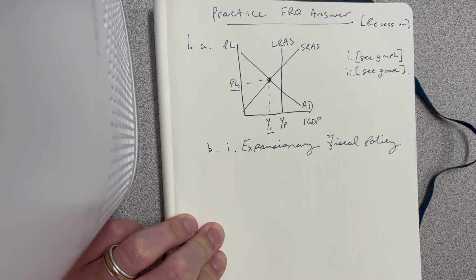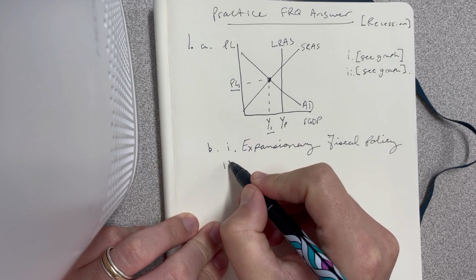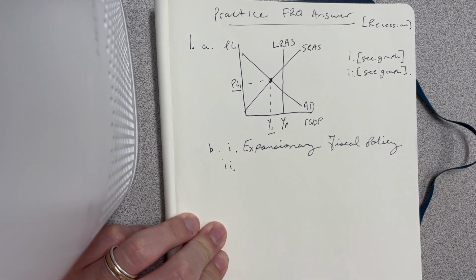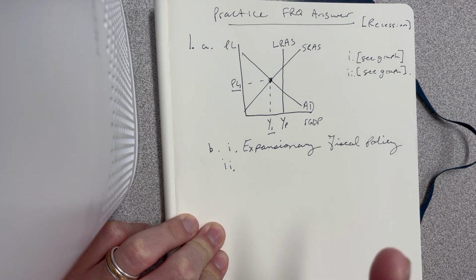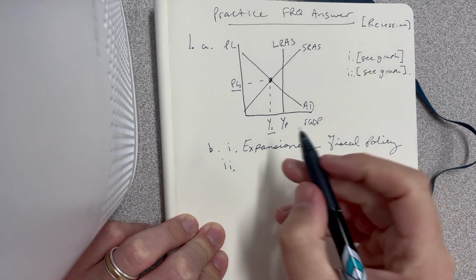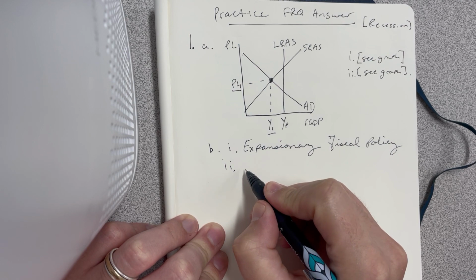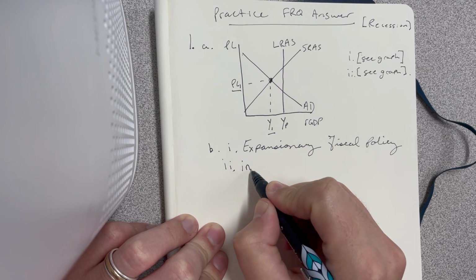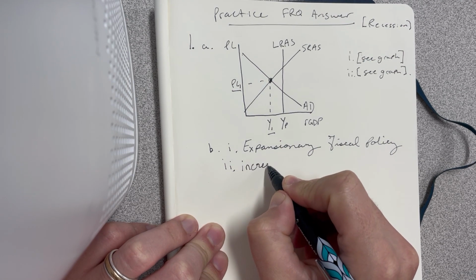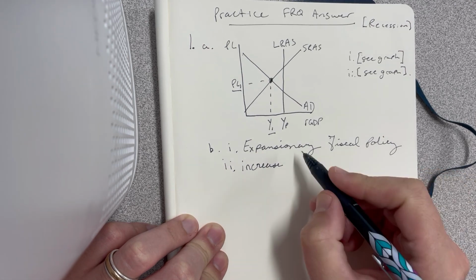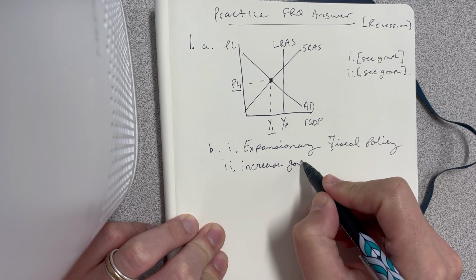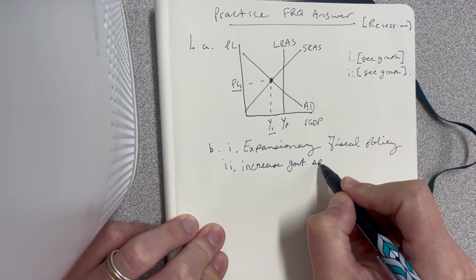Now, list 2 specific fiscal policy actions that the government would take. Well, we know that there are 3, okay? One has to do with changing government spending. One has to do with changing taxes, and the other could be changing transfers. So you could say any of the following. If they're doing expansionary fiscal policy, they could increase government spending.